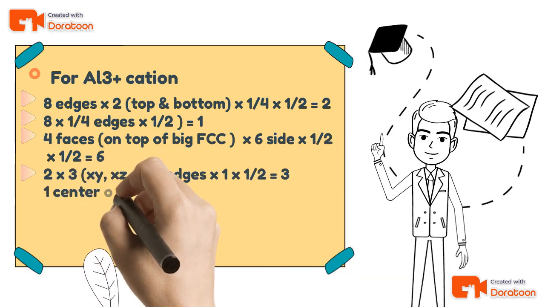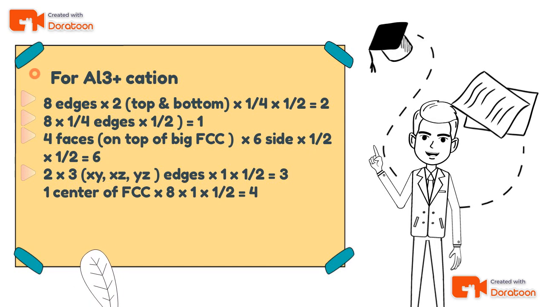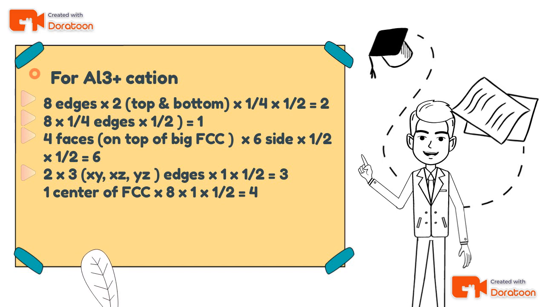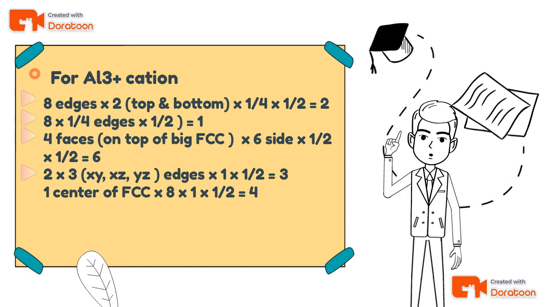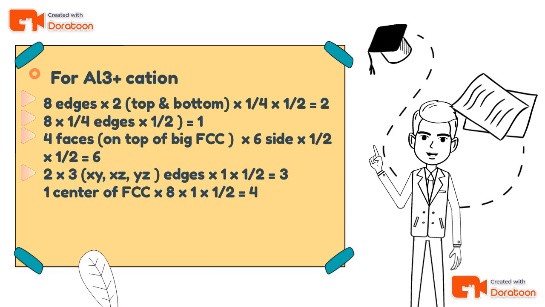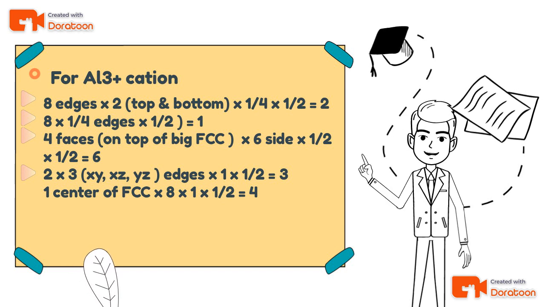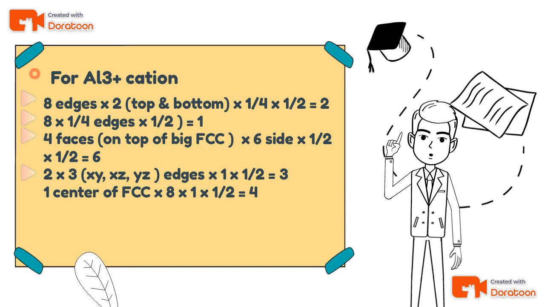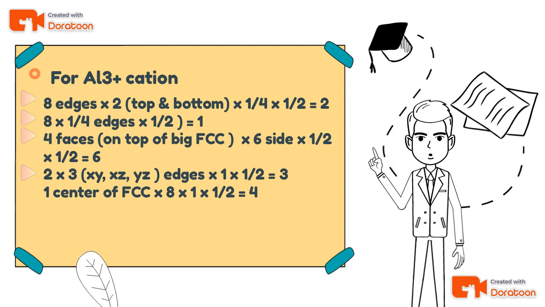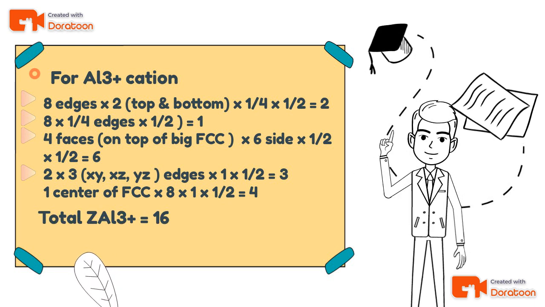Then, 4 faces on top of the big FCC times 6 sides times half times 1/2 is equal to 6. Then 2 times 3 edges for the XY axis, XZ axis, and YZ axis times 1 times half is equal to 3. Lastly, 1 center of FCC times 8 times 1 times half is equal to 4. So, the total for aluminium cation is 16.